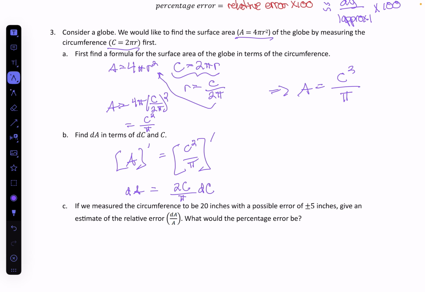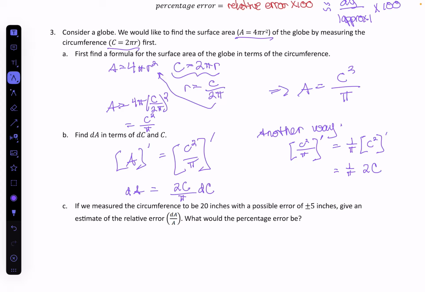Now another way to think of it: here's the thing, we don't really have what we're differentiating with respect to. So let me just write it back like this, c squared over pi. So we're going to be differentiating that. 1 over pi is a constant, so we can pull that out of the derivative, and then we end up evaluating c squared. So 1 over pi, power rule for c squared says we're going to have 2c, but c is varying, okay?